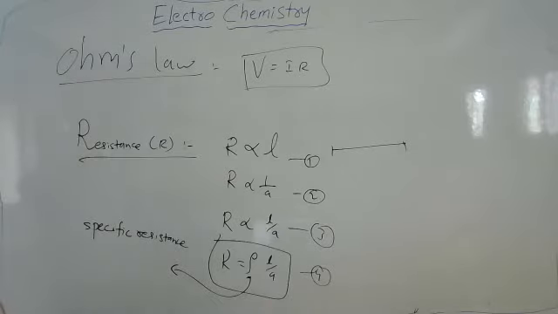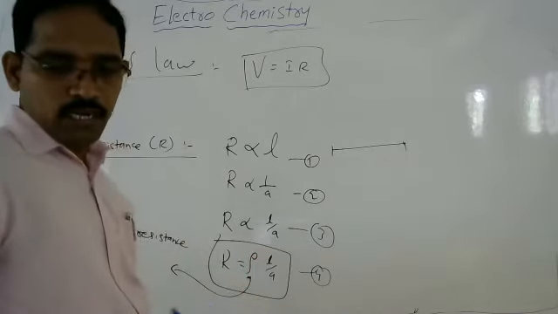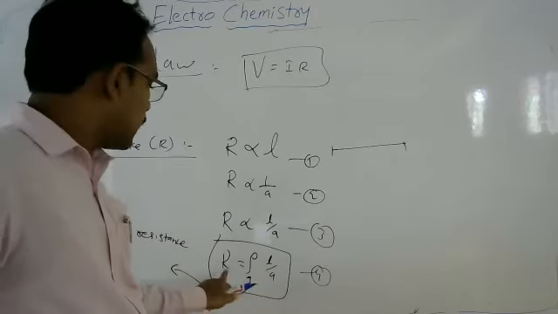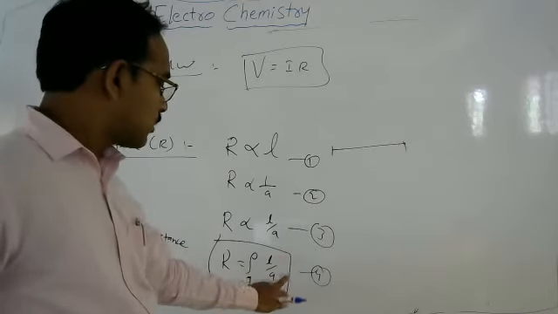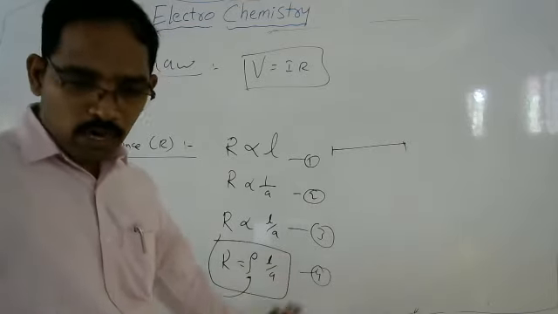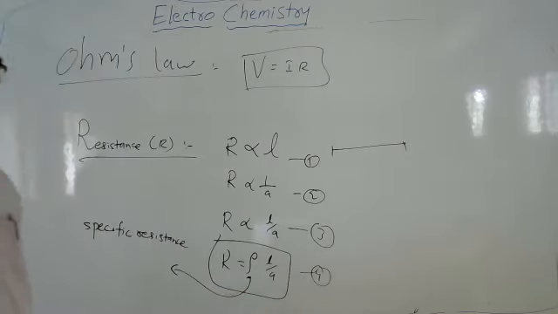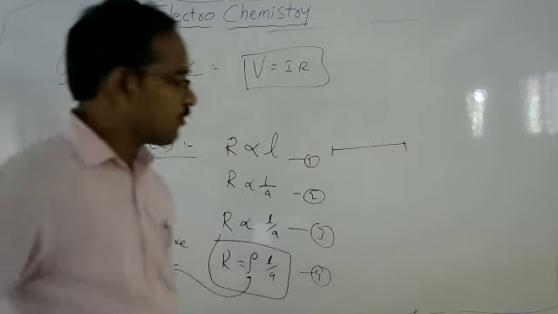For aluminum it is fixed, for iron it is fixed for iron. R is the complete resistance, L is length, A is area. Everyone, you know this formula. It came in physics.